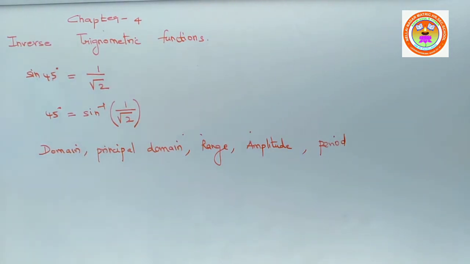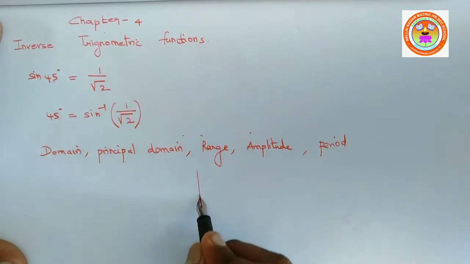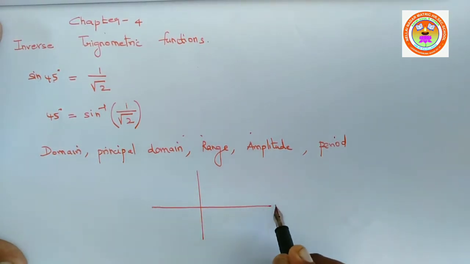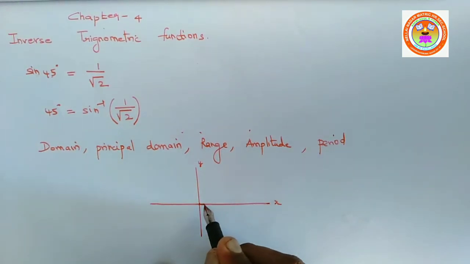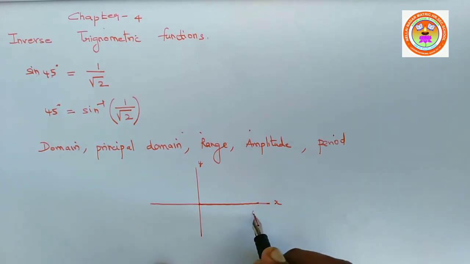Before learning the inverse, we know the values, and first I need to teach you one important thing. I am going to draw a graph, the xy plane. This starting point is 0 degree.